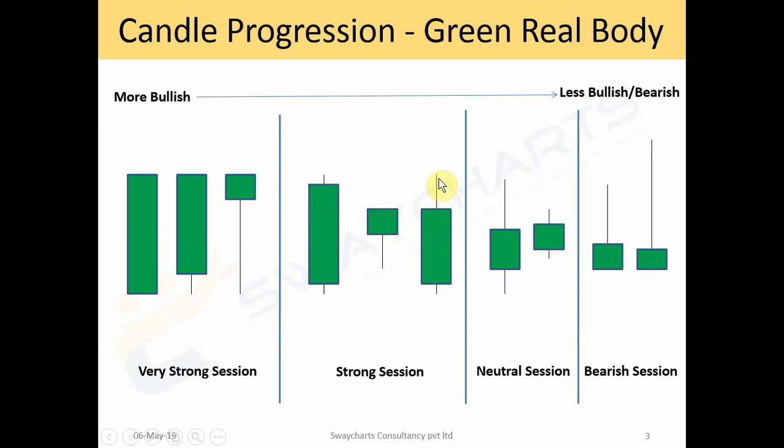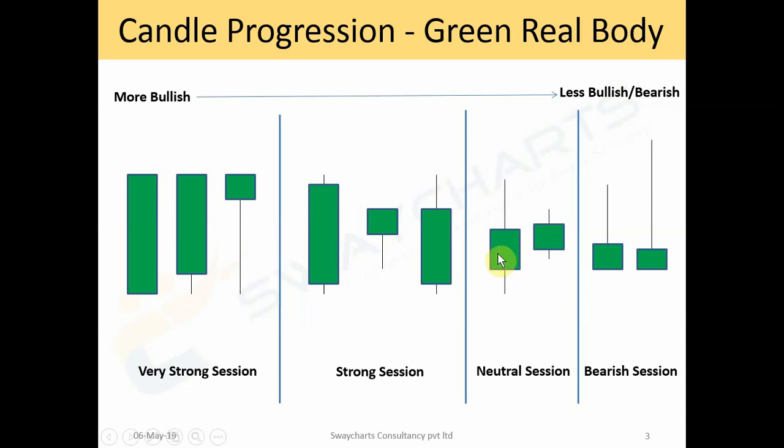But if you see, I touched a high here, I was not able to close near the high. So this is a strong session, but not stronger compared to even this or this, right?